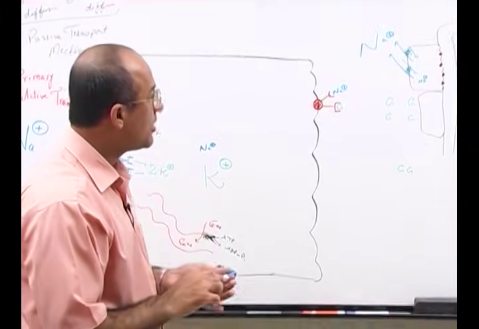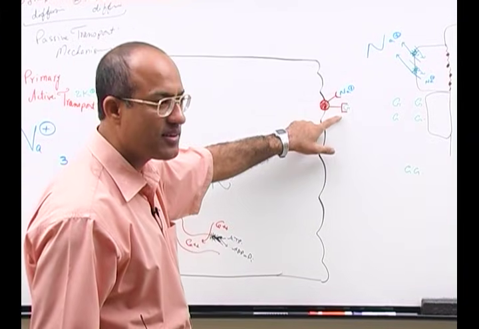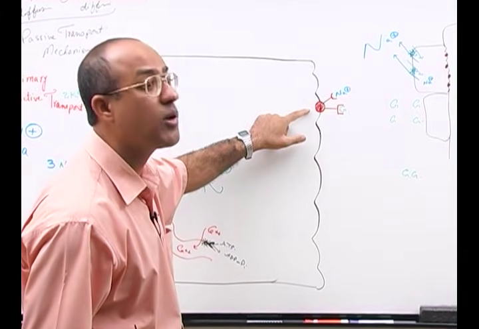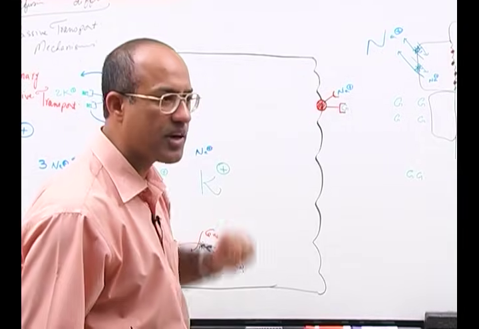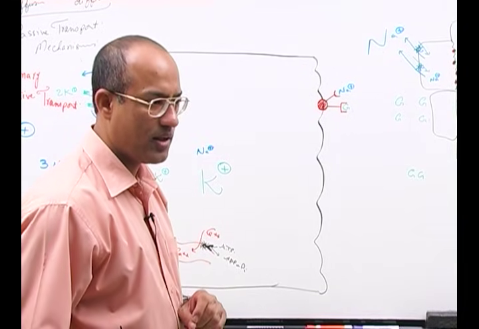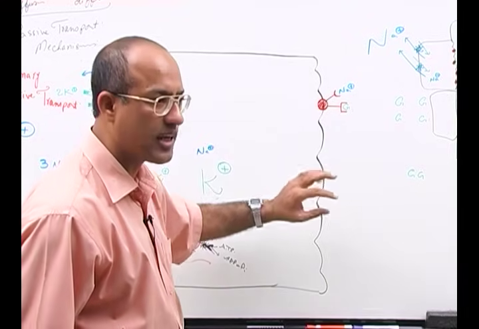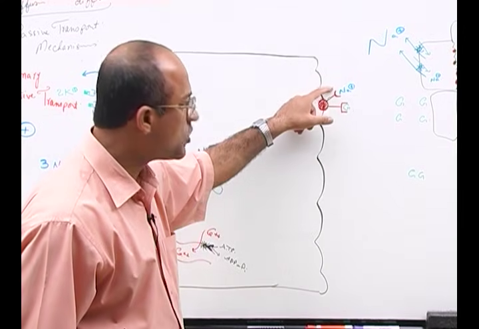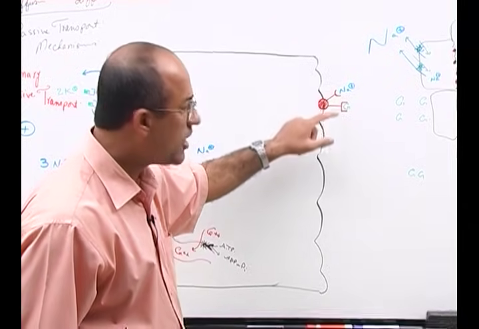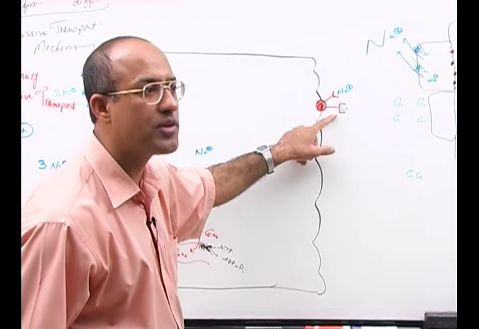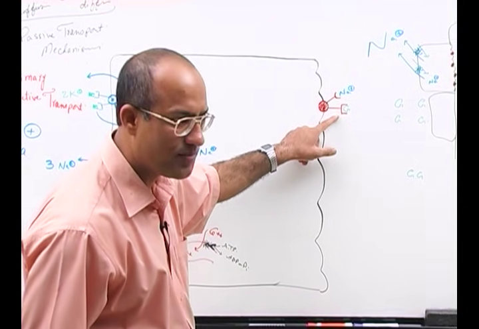If only glucose binds, this transporter will not work. If only sodium binds, it does not work. This transporter protein can only be active when sodium binding domain and glucose binding domain, both of them are appropriately loaded. Is that right?